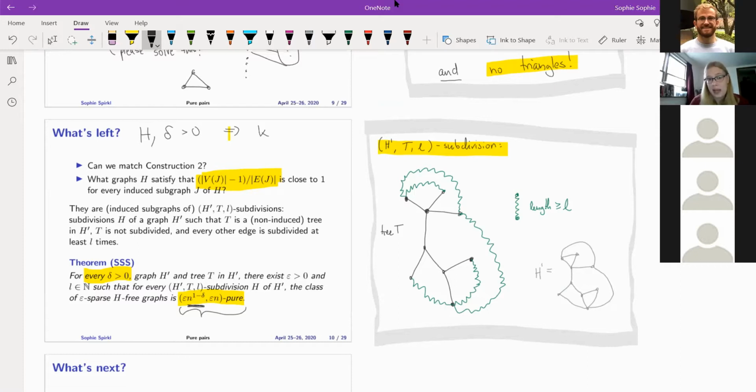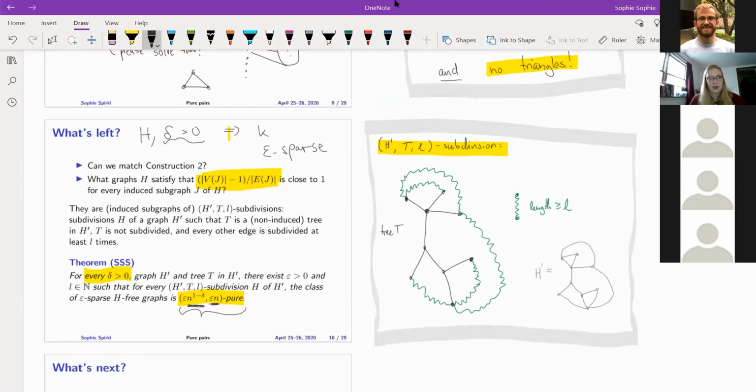Here's a k, and if you k-subdivide, put k points in the interior of every edge of graph H and exclude that thing instead of H as an induced subgraph from an epsilon-sparse graph where I also get to decide on epsilon, then you have a pure pair, and in fact, we can get one of the sides to be linear. And the other, we can't get it to be linear, but you got to pick delta. You got to pick how close it was to 1. So in some way we can match the construction.